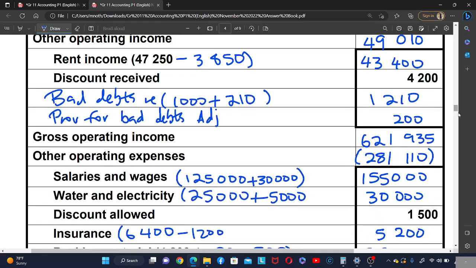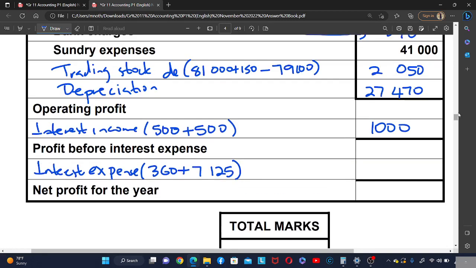So to get the operating profit, you say gross operating income minus operating expenses, then you get the operating profit, which is going to be 340,825.